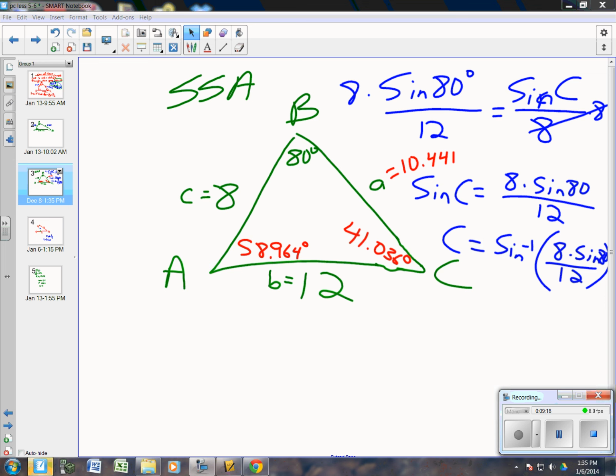Did you use an approximate? Did you round it differently? Did you round this different? Then you got to divide it by whatever.